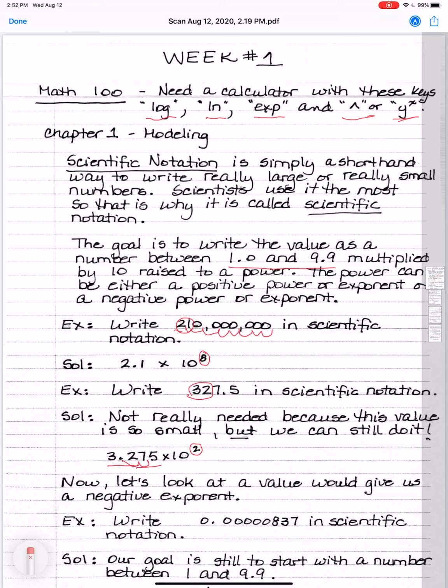Now, if we wanted to write a really small number in exponential notation, we would do exactly the same thing, except our power of 10 would be a negative number.